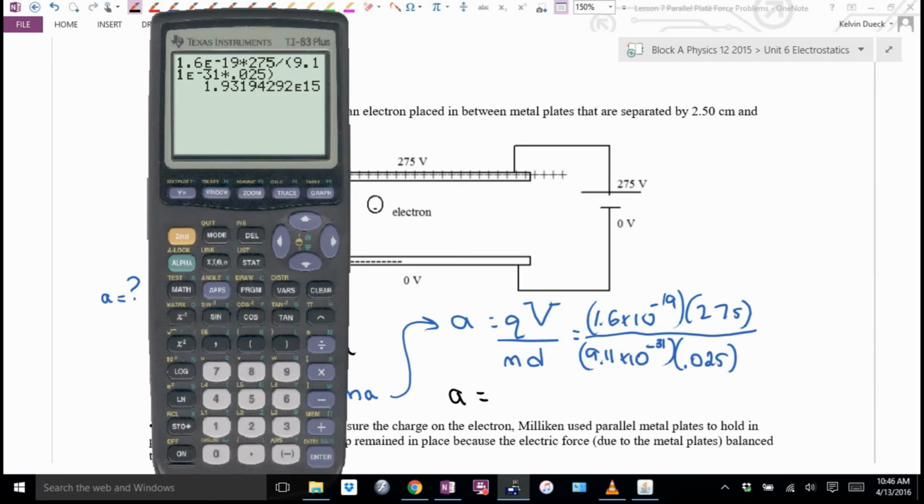Do you get that? Wait a minute, Mr. Dewick, Devin says. That's 1.9 times 10 to the 15th, yeah? But the speed of light is 3 times 10 to the 8th. Aren't you telling me that this electron is going faster than light? No. It would be going faster than light if I allowed it to accelerate for an entire second. How far is it traveling?